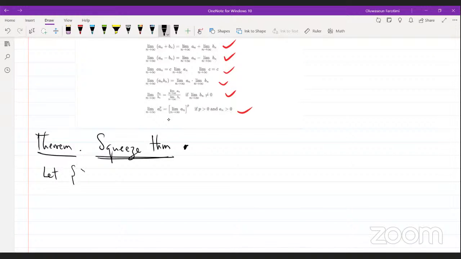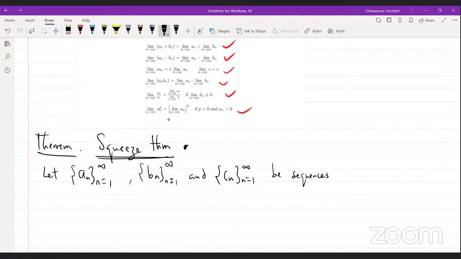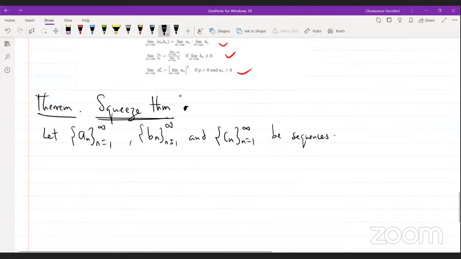Let's have a sequence, of course an infinite sequence, AN. Let's have another one we call BN, and let's have one more, we'll call it CN. Let these be sequences.